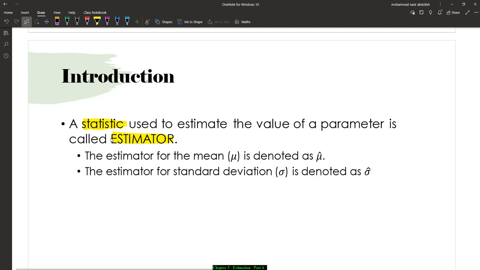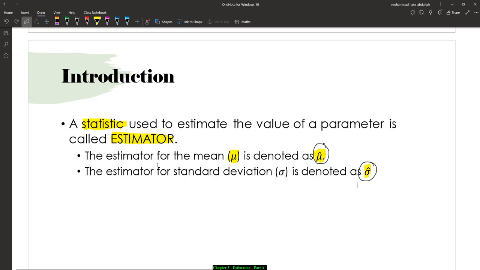The estimator of the mean is denoted as mu hat, and the estimator for standard deviation is denoted as sigma hat. So this is the symbol for an estimator. Every time you see the hat above the symbol of a parameter, this is what we call an estimator.